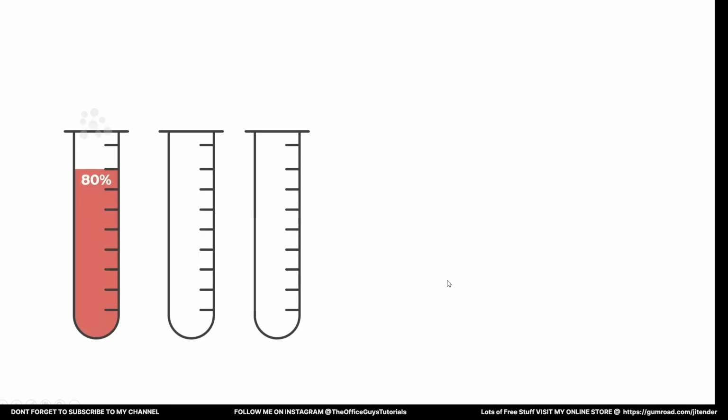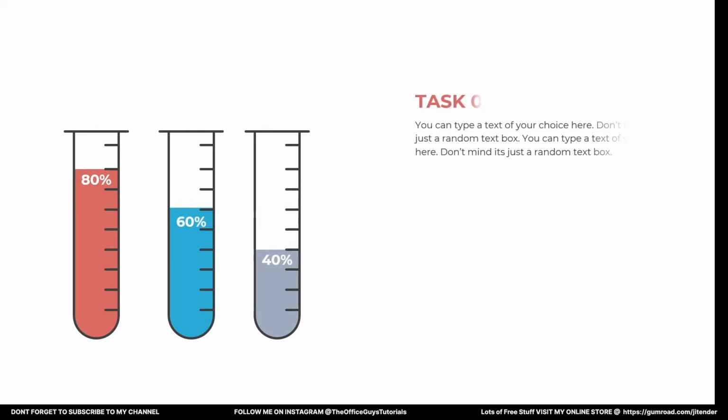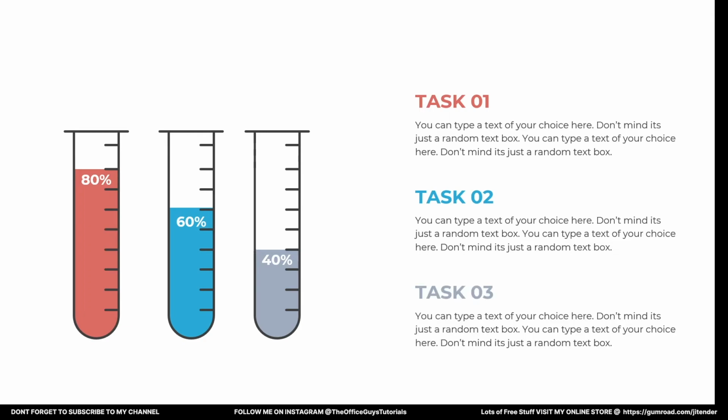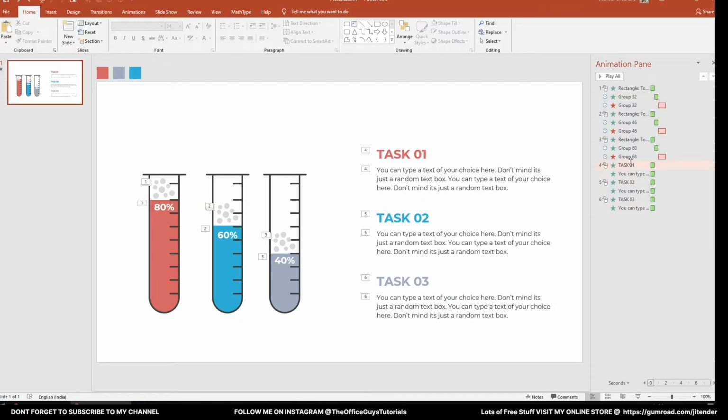So we got the first shape, second, third, and task 1, task 2, and task 3. Now what I want is, as soon as this red color finishes, task 1 should come. As soon as this blue finishes, task 2, this relevant text should come. So for that, what you can do is move these two after the rectangle, and in a similar way, task 2 and the text after the second rectangle, and third remains after that.